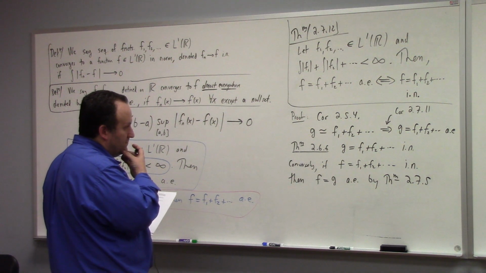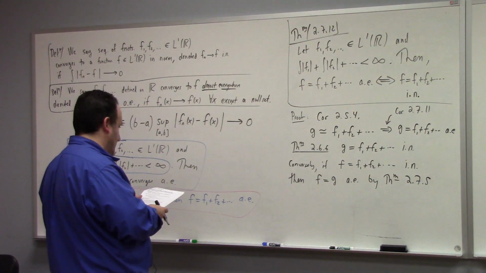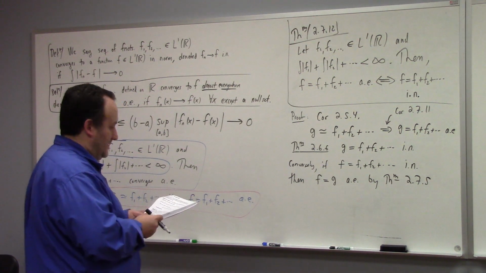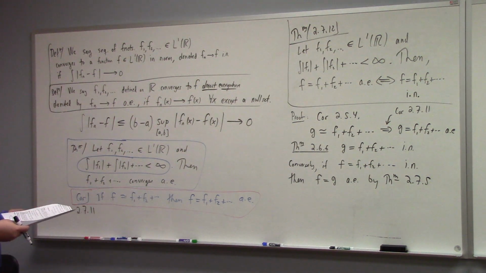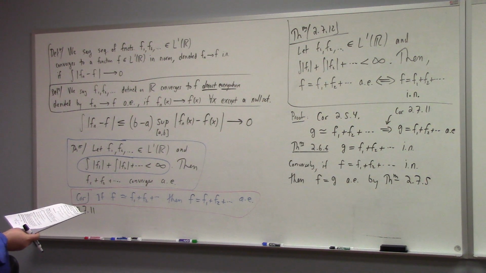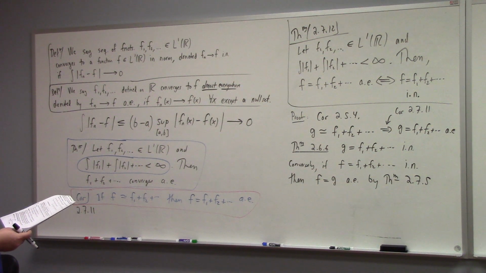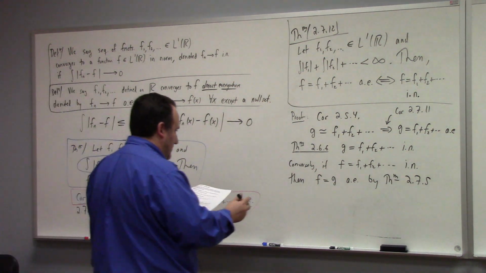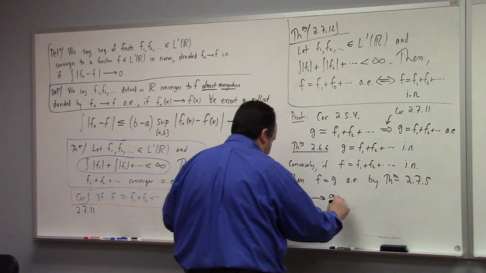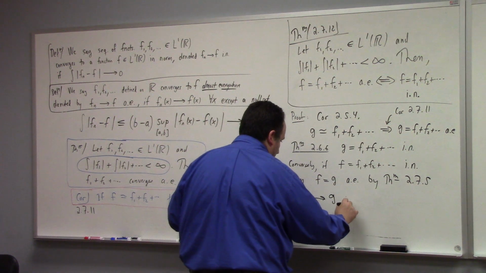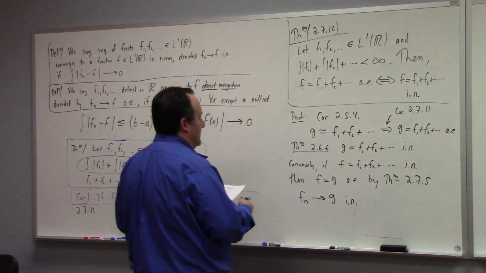Is that because we have g equals f1 plus f2 plus f3 and so on almost everywhere? Yes, and by the corollary that he basically granted. Right. So we have fn goes to g in norm, but let me remind myself what we're trying to prove.